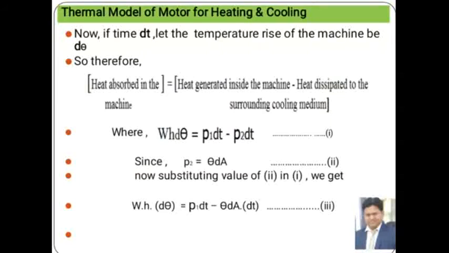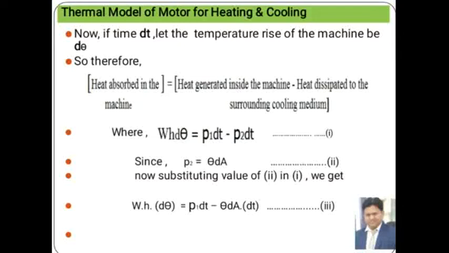Now, if the time t increases by dt, let the temperature rise of the machine be d theta. The equation is written as: the heat absorbed in the machine equals the heat generated inside the machine minus the heat dissipated to the surrounding cooling medium.